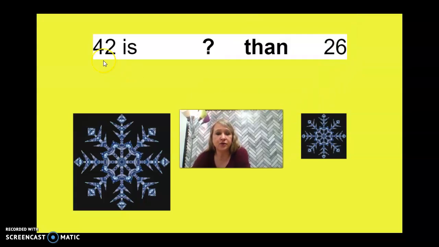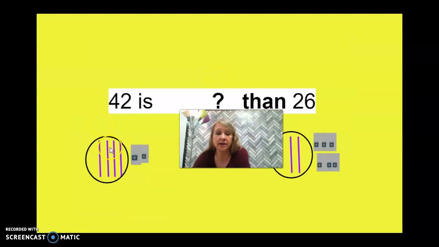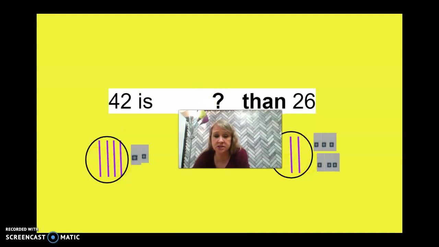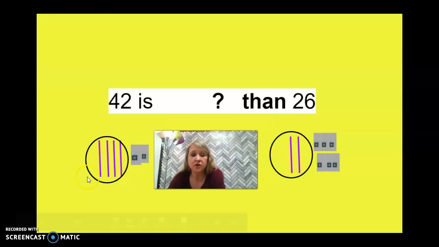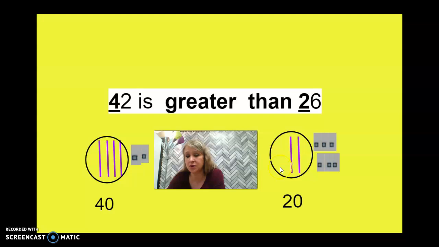Remember that 42 is greater than 26 because it has more what? Tens. There are 4 tens in 42 and only 2 tens in 26. So 4 tens is the same as 40, and 2 tens is the same as 20, and 40 is greater than 20.